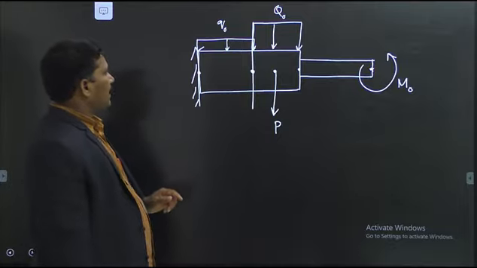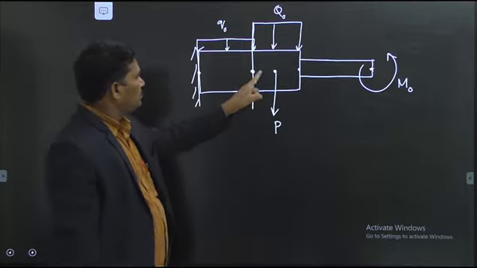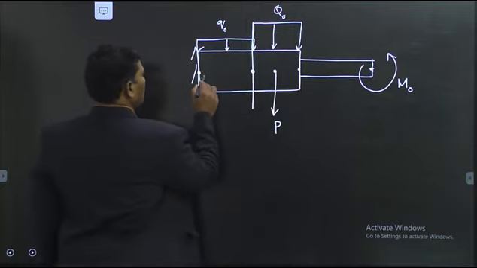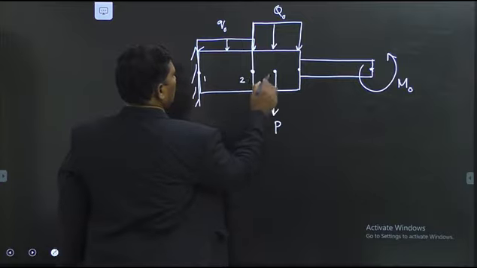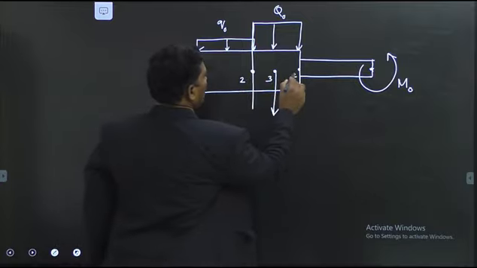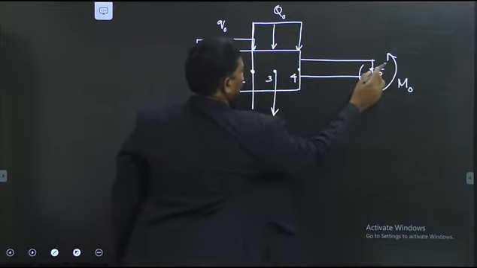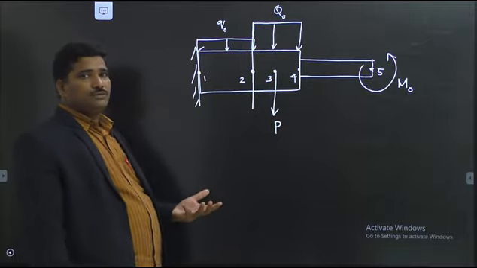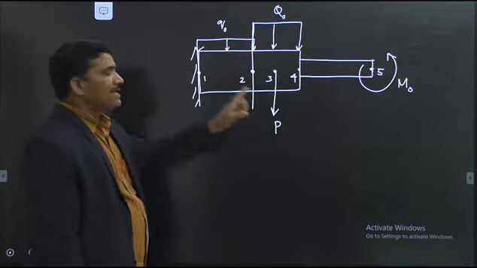So, how many nodes do we have? 1, 2, 3, 4, 5 nodes. This is node 1, node 2, node 3, node 4 and node 5. You cannot have fewer than 5 nodes.